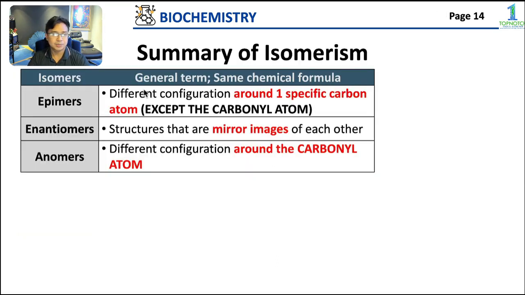Now, to summarize, isomers are molecules having the same chemical formula. Okay, but they can differ in structure. In epimers, they have different configuration around one specific carbon atom, except the carbonyl atom. Anomers differ around the carbonyl atom, while enantiomers naman are mirror images of each other.